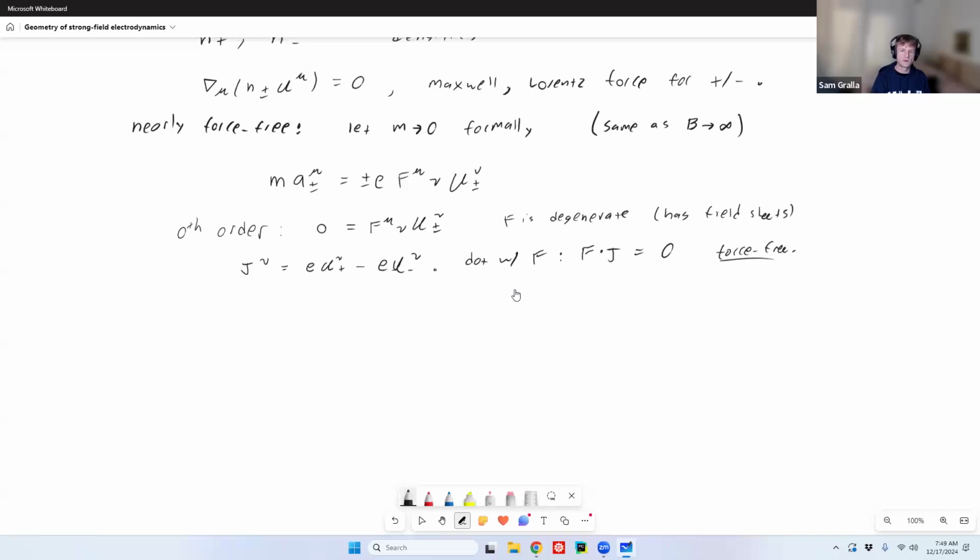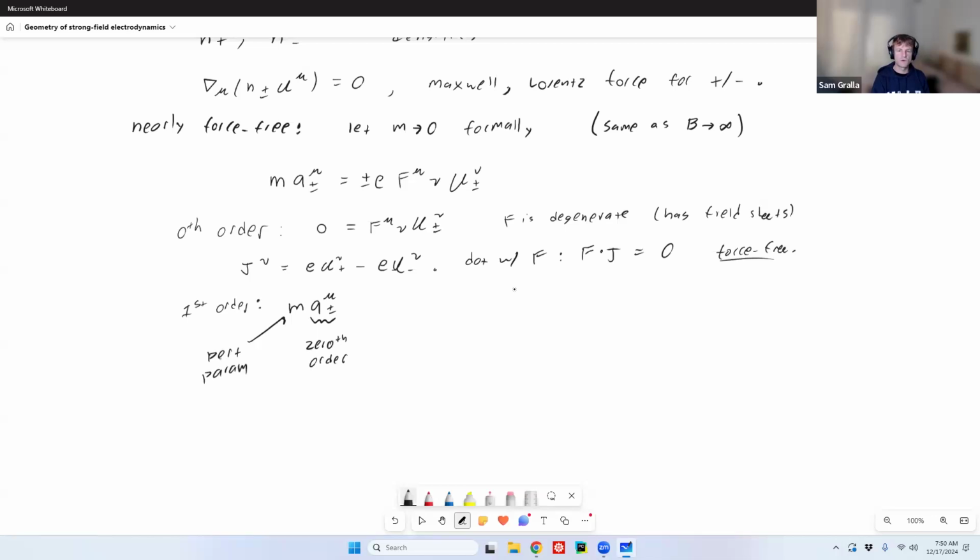Now let's do the first order correction, in m as our expansion parameter. So now we're going to have m a that will show up, except this a is really the 0th order, right? Because remember, m is our perturbation parameter.